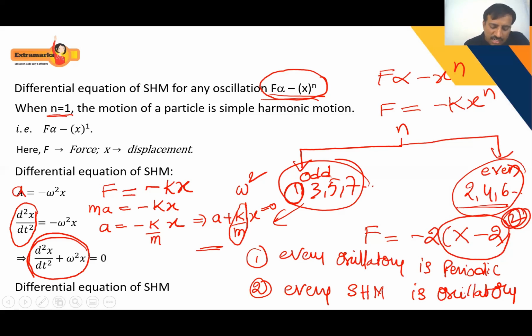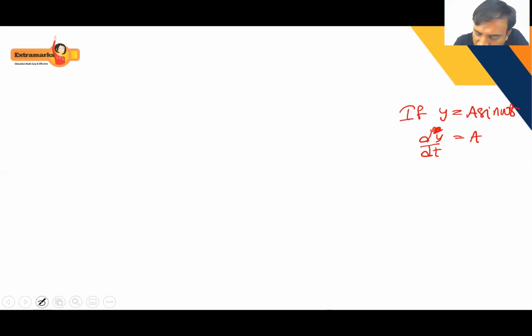For every second order differential equation, because this is d square, there should be a solution. What was that? You can see if y is equal to a sine omega t, let us differentiate this. First time differentiation, dy by dt is equal to a omega cos omega t, right?